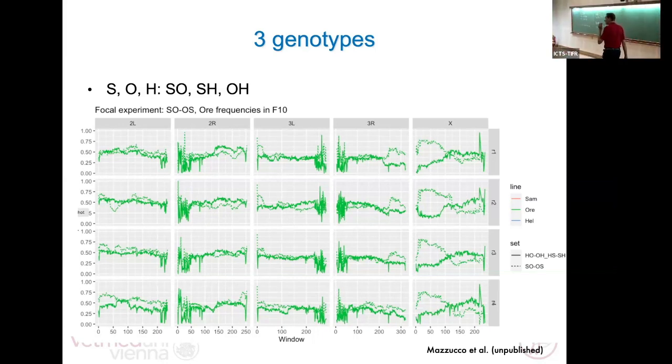You can do another experiment, with 3 genotypes instead of 2.